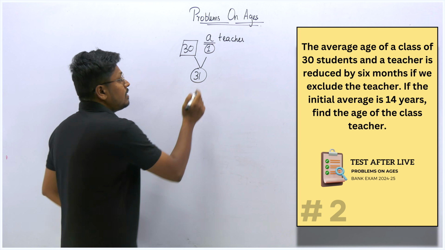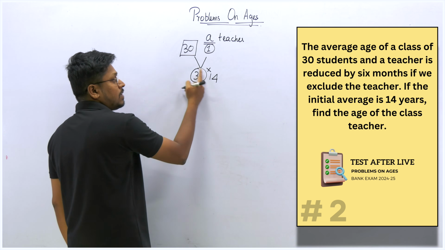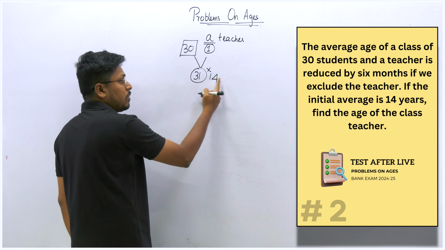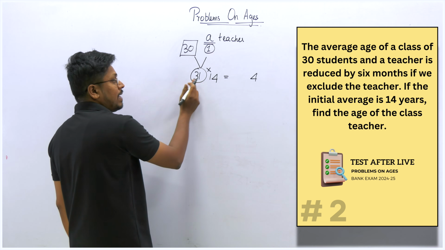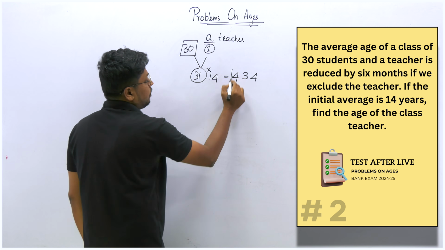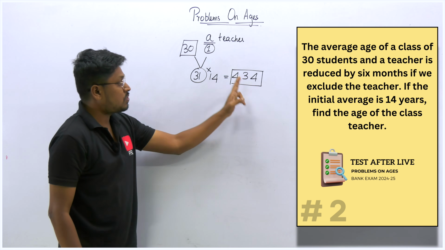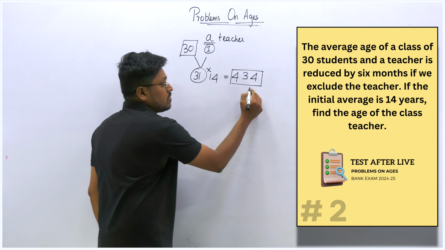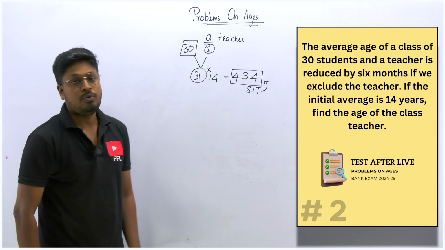So the total age of the classroom including the teacher: the total is 31 and the average age is 14. So 31 into 14 will be 434. So 434 will be the total age, including students as well as the teacher.